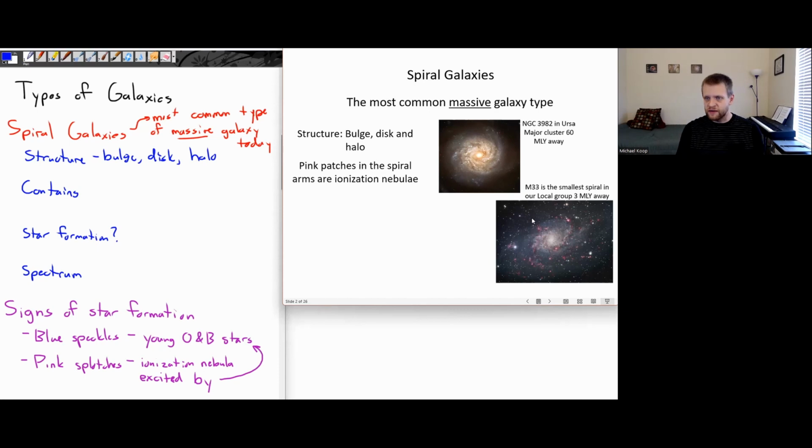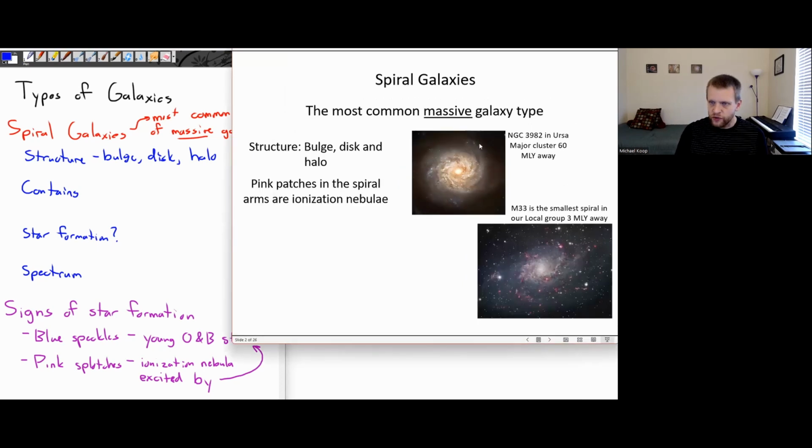Whenever you see these blue speckles, let me zoom in on this image just a little bit so we can see this a bit better, those are going to be the young type O and type B main sequence stars, the ones that are very high mass, very energetic, very luminous, so very easy to see compared to other types of stars, but they only live for a short time.